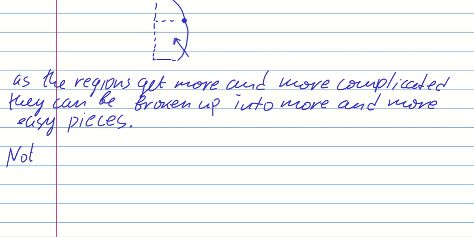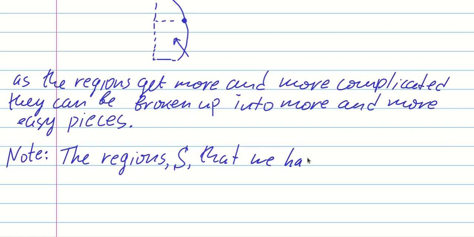So can it be done for regions that are not convex, or non-convex regions? So let's make a comment about it. The regions S that we used are all convex.